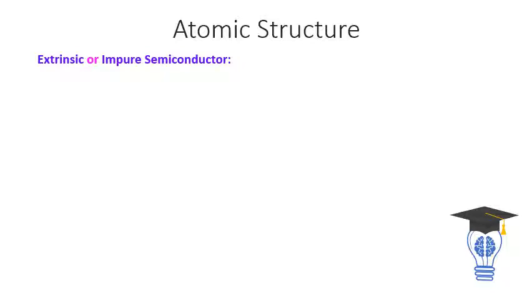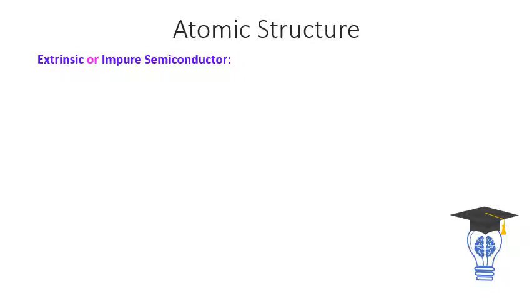Extrinsic or impure semiconductors. First of all, we should know what a pure semiconductor is. Any semiconductor, suppose silicon, contains many atoms. Each atom has protons as well as electrons.